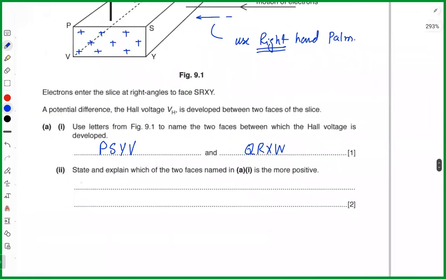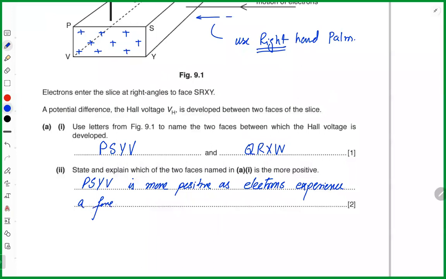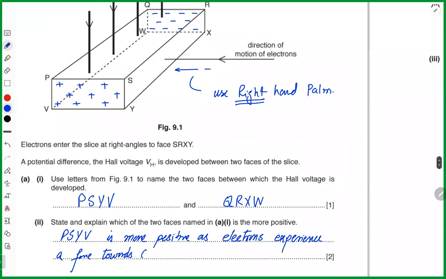We say PSYV is more positive as electrons experience a force towards QRXW.